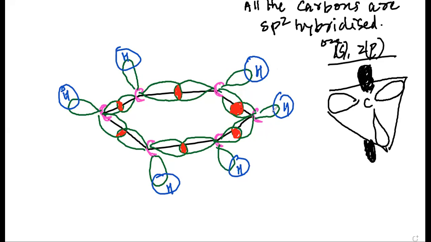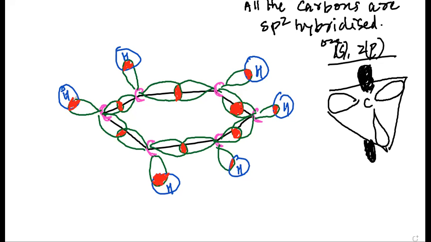These are the sigma bonds, so they have the axial overlap, and due to this axial overlap we can easily understand the sigma bonds formed. So this is how all the sigma bonds are possible.